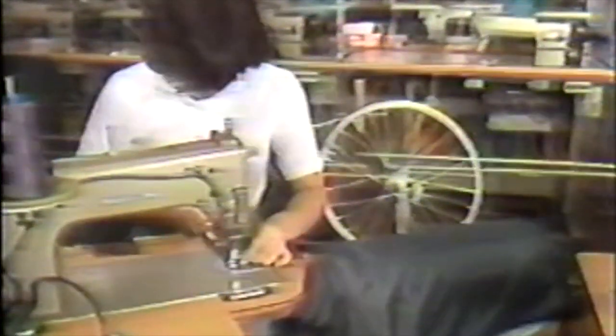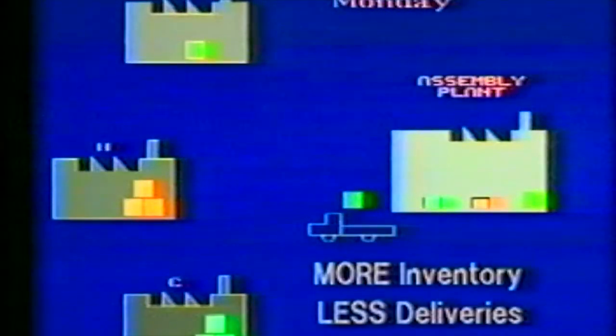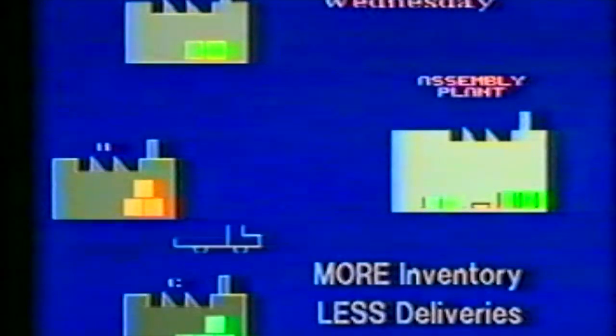Let's compare some conventional and innovative approaches to transportation with this illustration. First, the conventional approach. This represents large lot, infrequent transportation. The results are slow feedback of information, an accumulation of inventory, and additional problems impacting quality and increased expediting work.